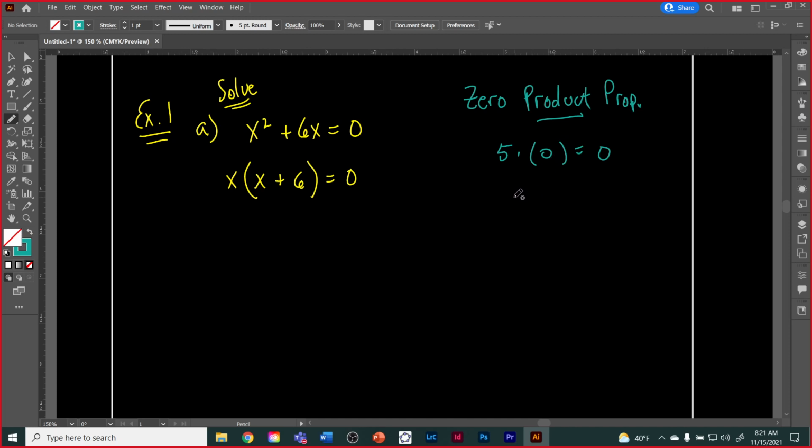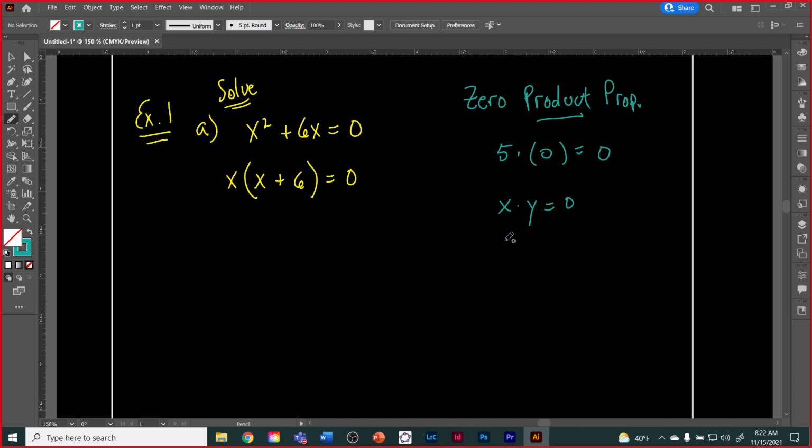Okay, let me do something else. What if I said x times y is equal to 0? Tell me something about either x or y or about both of them. What do you think, Aiden? One of them has to be 0. Would you agree? So if I multiply two things together and I get 0 as my answer, one of these has to be what? 0. Would you agree? Or not just one of them, but both of them could be 0.